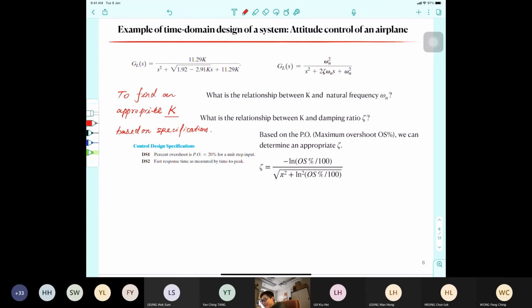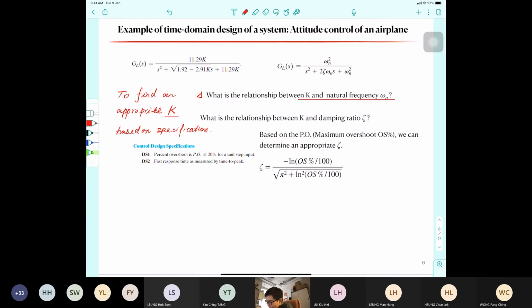So how to find it? Firstly, you can calculate what is the relationship between K and omega n, right? Maybe we can find a function like this.